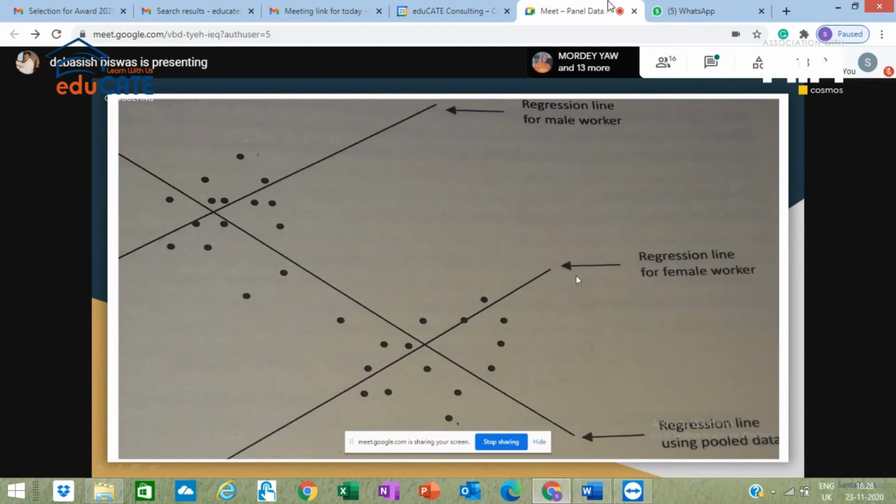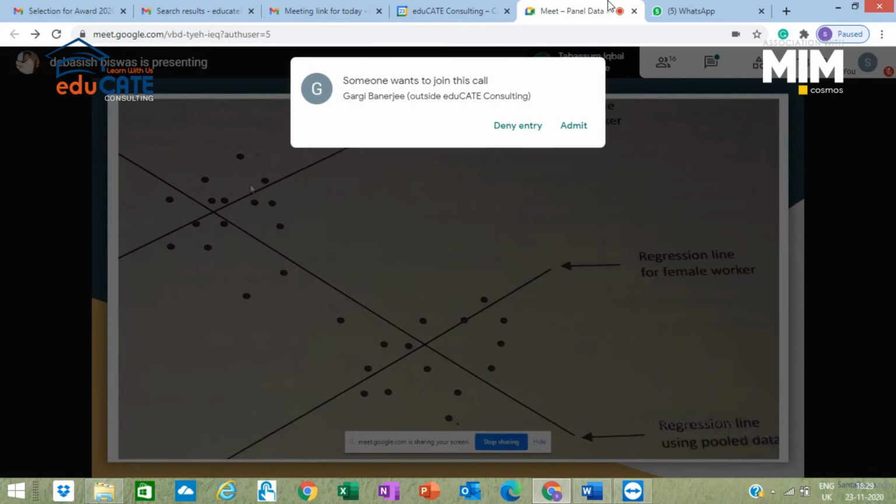Now, if we do not consider the panel data structure, if we combine all the coordinates of the male worker and all the coordinates of the female worker, if we do not classify, if we do not consider the cross-sectional units, we are considering all these points, and we have to establish a regression line.